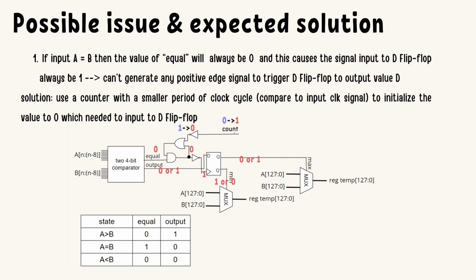If the input A is equal to B, then the value of equal will always be 0, and this causes the signal input to the D flip-flop to always be 1, which can't generate any positive edge signal to trigger the D flip-flop to output the value Z. The solution we expect is to use a counter with a smaller clock cycle period to initialize the value to 0, which needs to be input to the flip-flop.